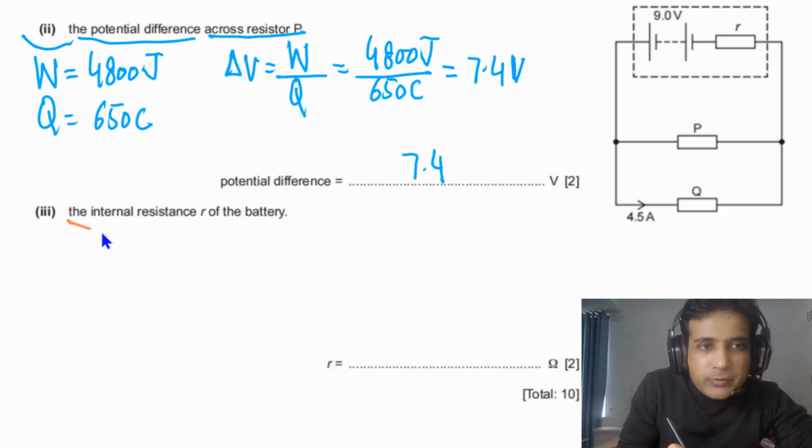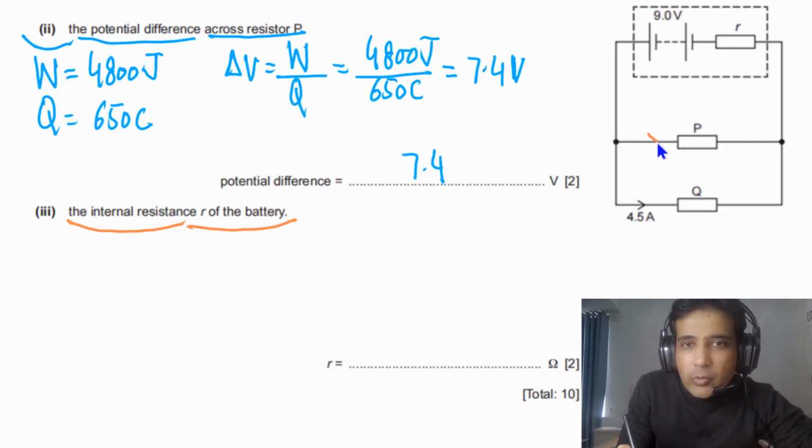For the next part, we need to calculate the internal resistance of the battery. And we have already calculated the current passing through this resistor, that was equal to 1.2 amps. So now we can find out the current entering the battery and the current leaving the battery. Current entering the battery will be equal to the sum of these two currents.